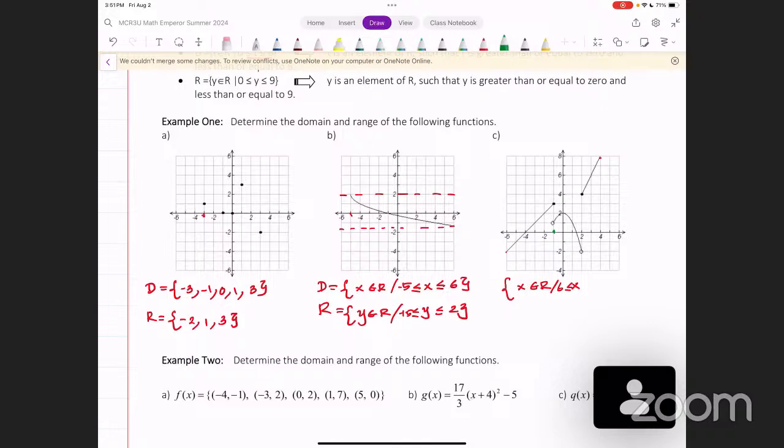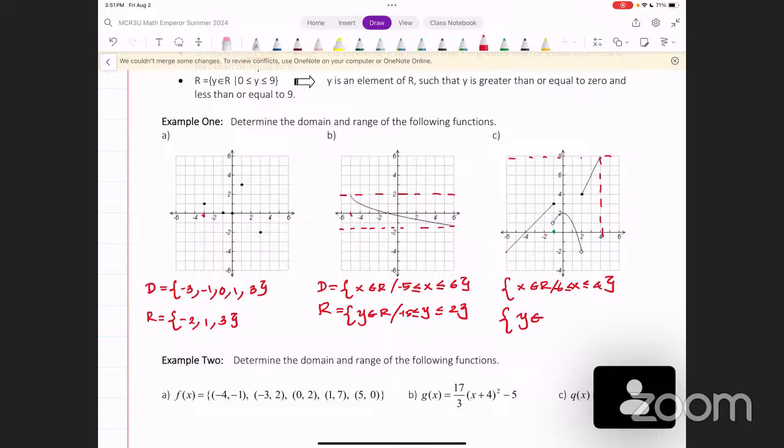So x goes from -6, the boundary here is 4. So we're going to say x is actually between -6 to 4, right?